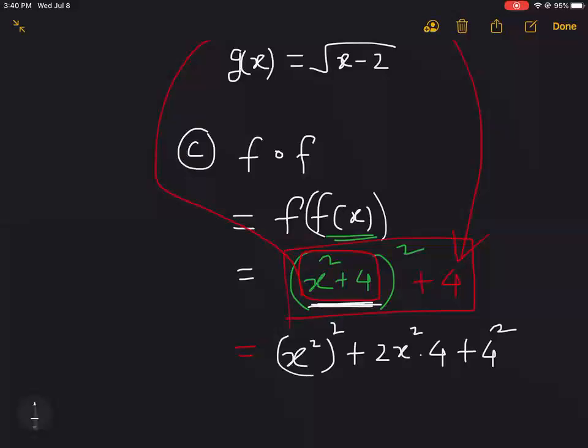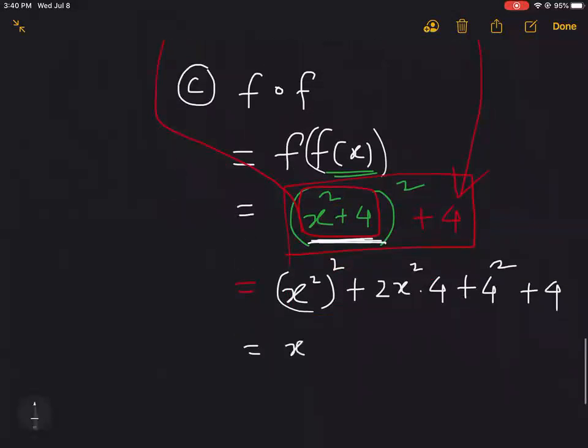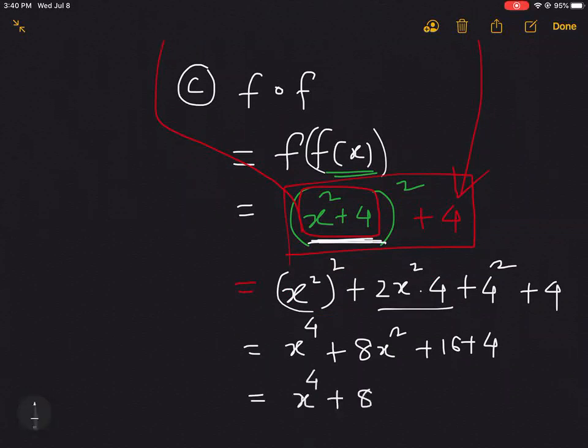That's only for this expansion, plus 4. So x to the 4th plus 8x squared plus 16 plus 4. So x to the 4th plus 8x squared plus 20.